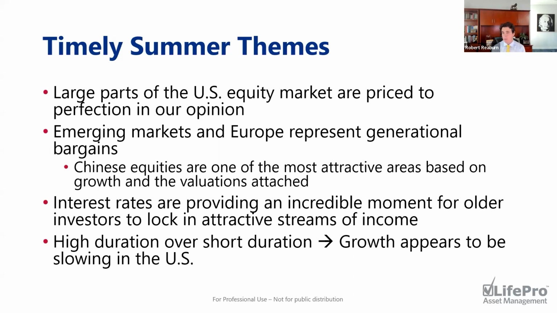That's not bad compared to buying a company here in the US at 40, 50, or 60 times earnings. So there's a lot of bargains overseas as more and more people look at rising rates here in the US. There are opportunities overseas.